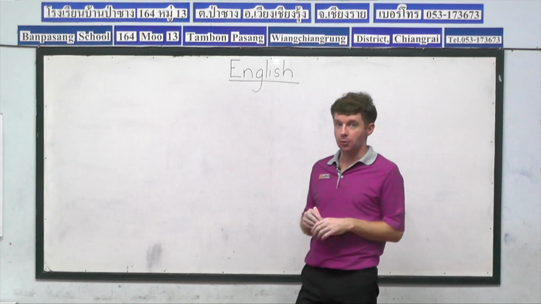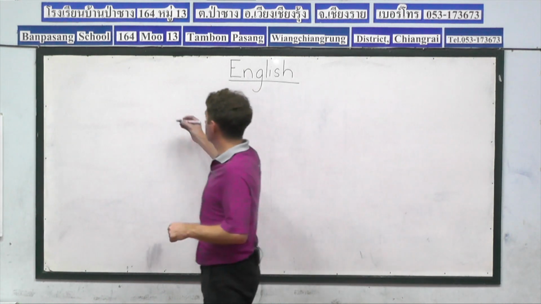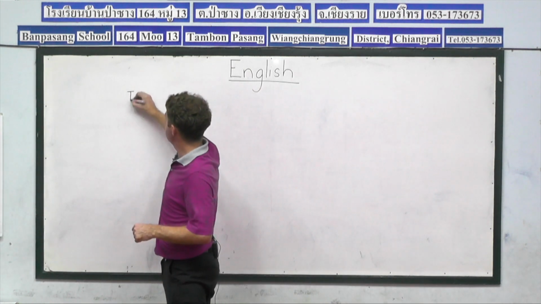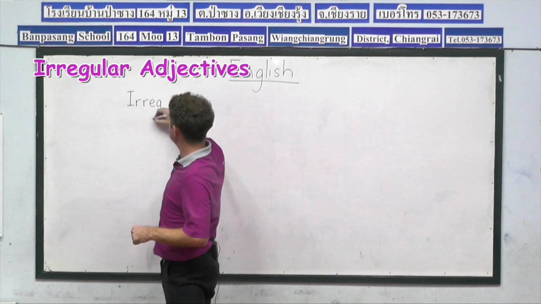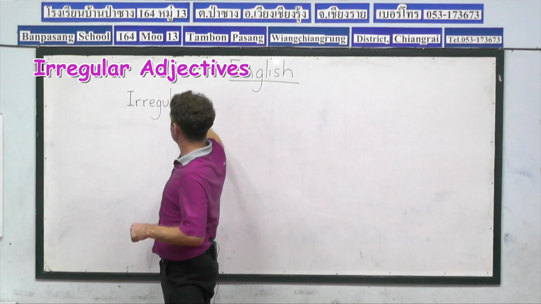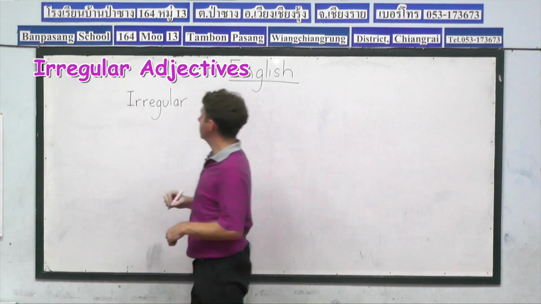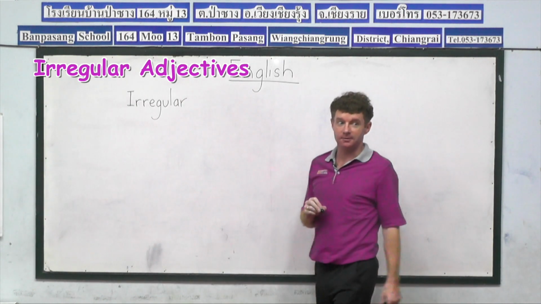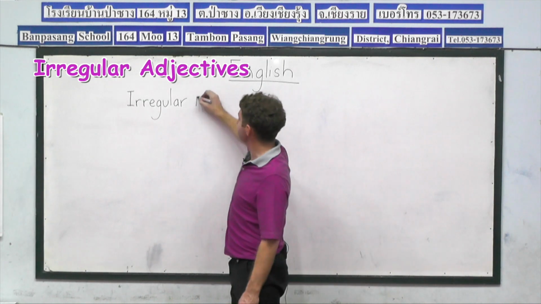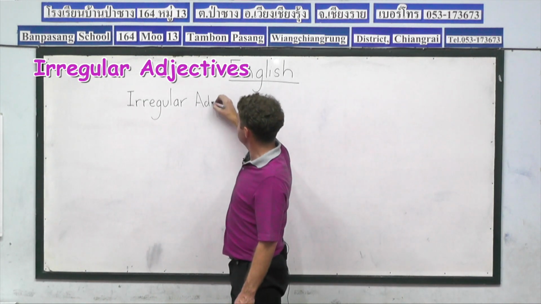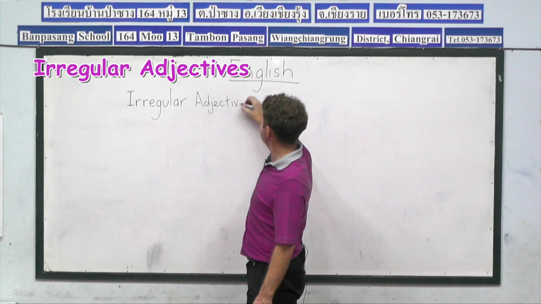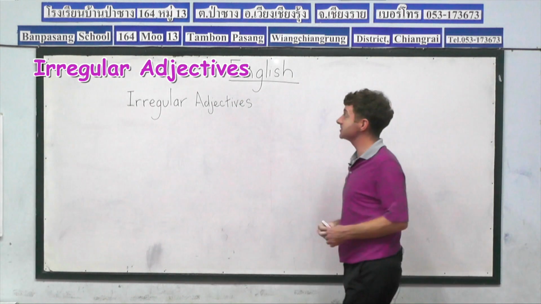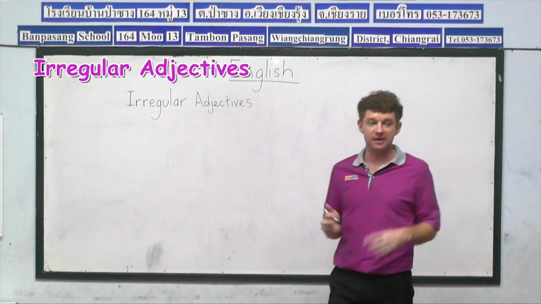Irregular means not normal. So let's write that phrase on the board first. Irregular. I-R-R-E-G-U-L-A-R. Irregular adjectives. A-D-J-E-C-T-I-V-E-S. Irregular adjectives.